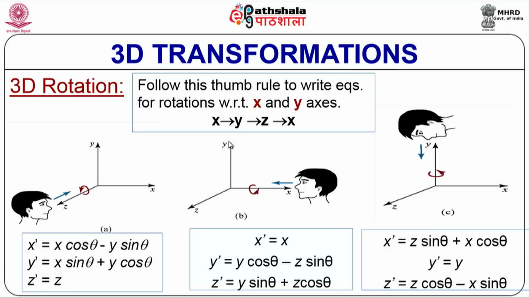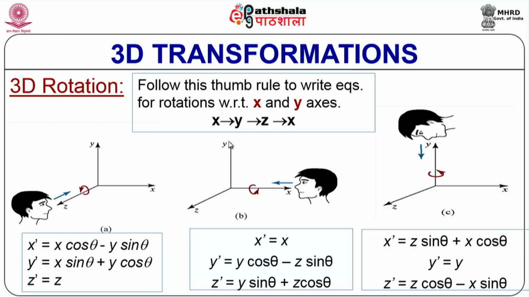You will automatically obtain rotations about the other axis. You can watch this here: x dashed is equal to x cos theta minus y sin theta, y dashed is equal to x sin theta plus y cos theta, and z dashed is equal to z. So, these three equations are rotation about z axis.